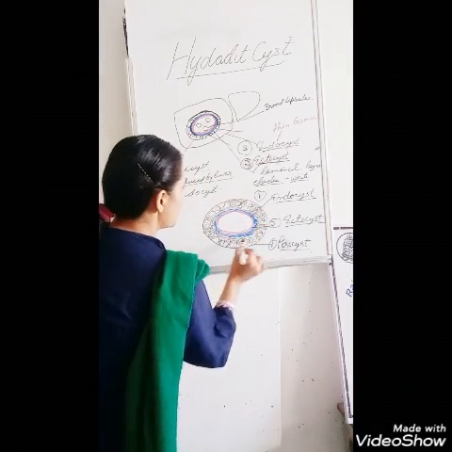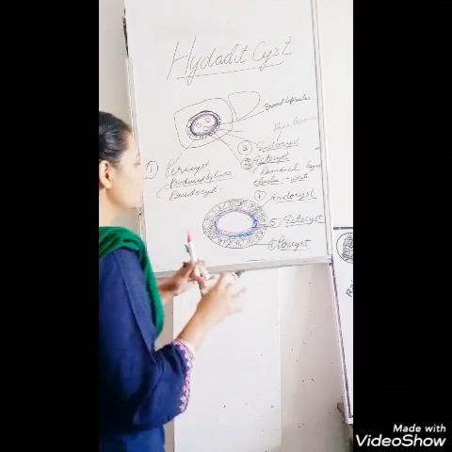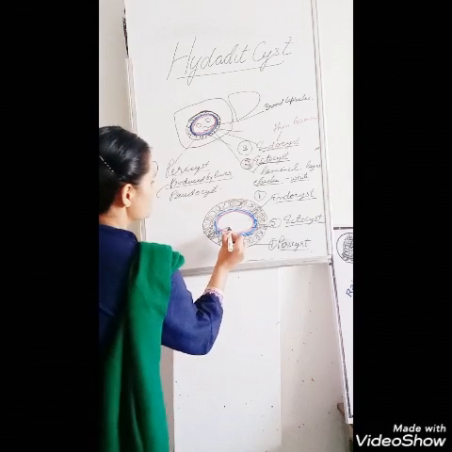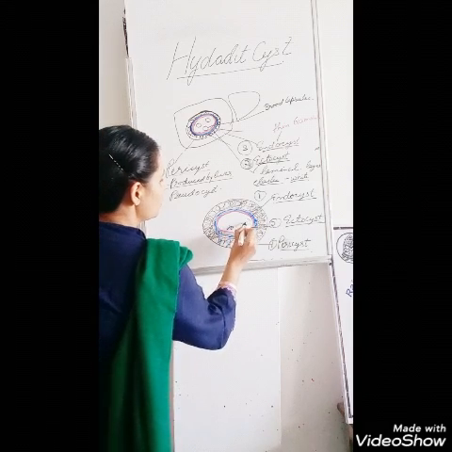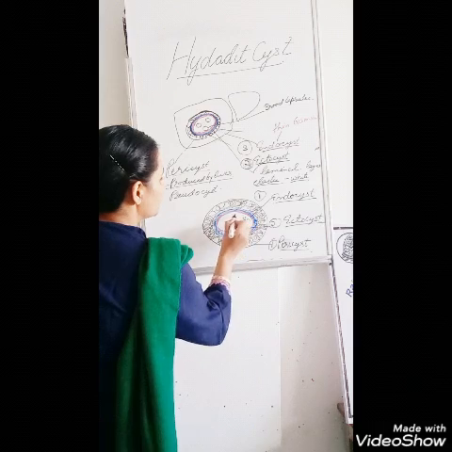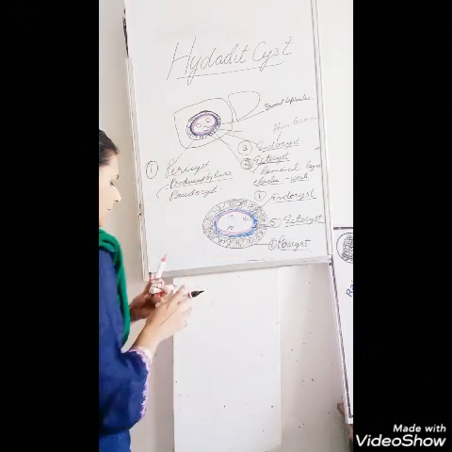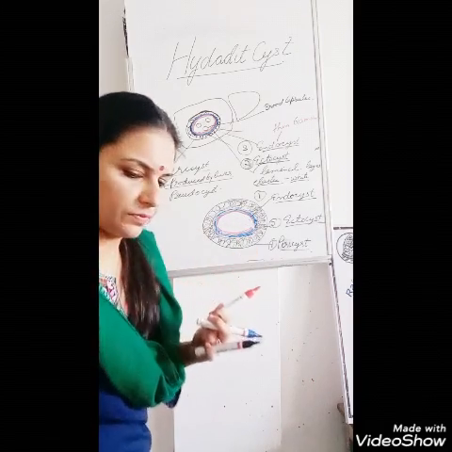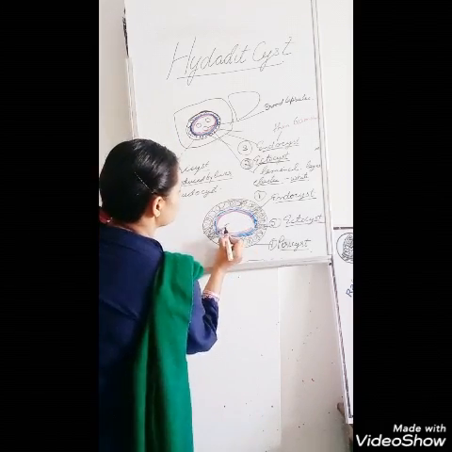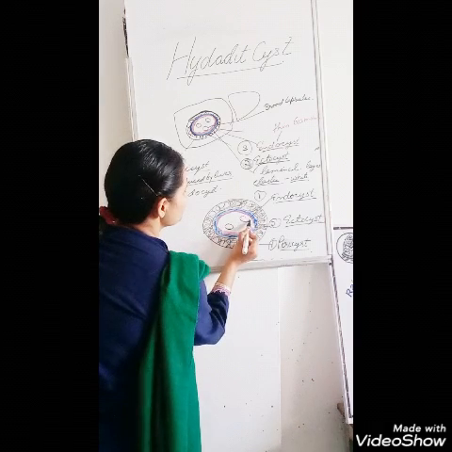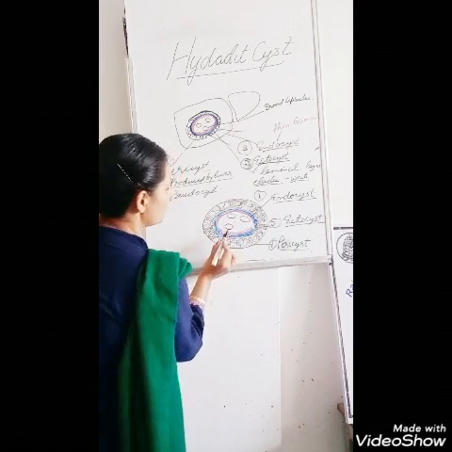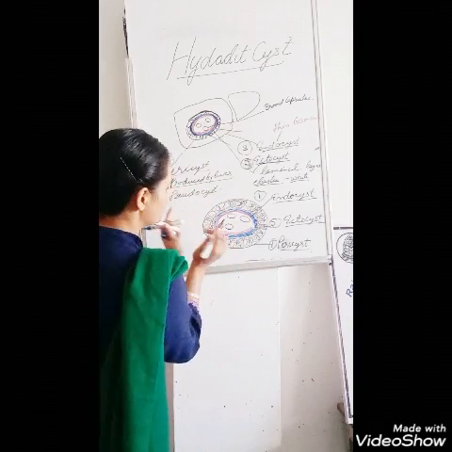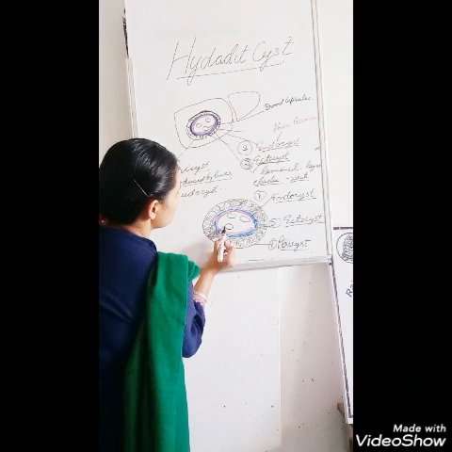Now this is the hydatid cyst, and further the multiplication of germ cells is going on. So the germ cells are growing on. They will form clusters and they will further form the wall outside. These germinal cells will form clusters, and then they will form the cystic wall outside.